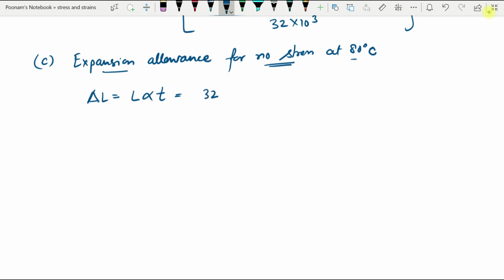L is 32,000 mm and alpha is 11 into 10 raised to power minus 6, and T is the rise in temperature. So 80 minus 24. So we can calculate it, and it is coming as 19.71 mm.